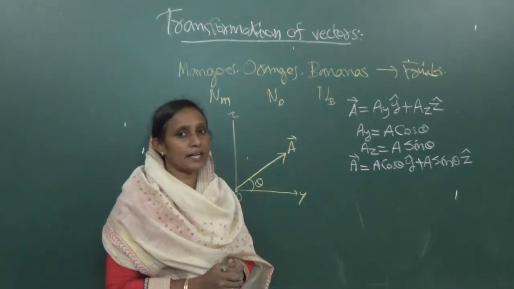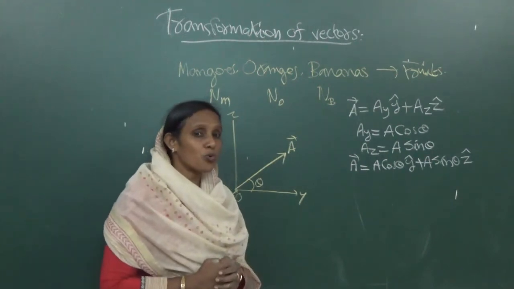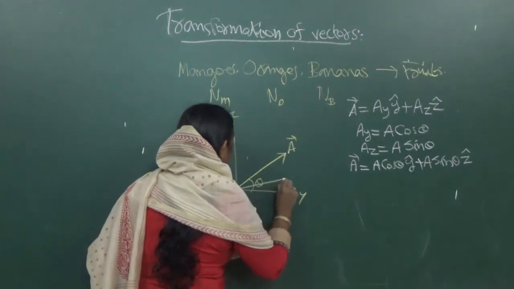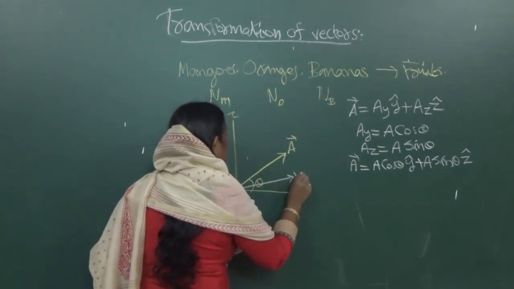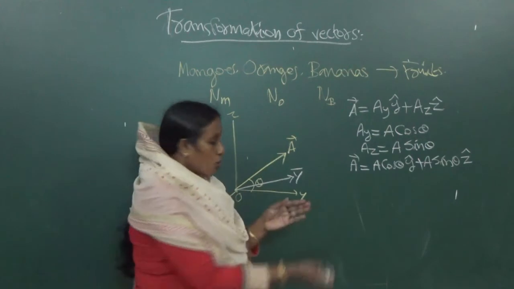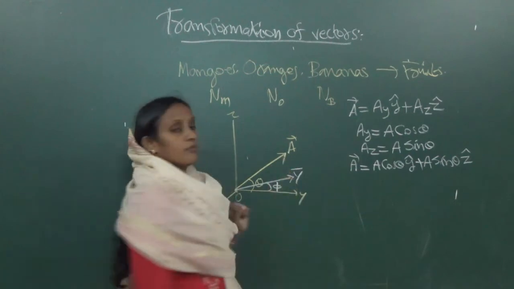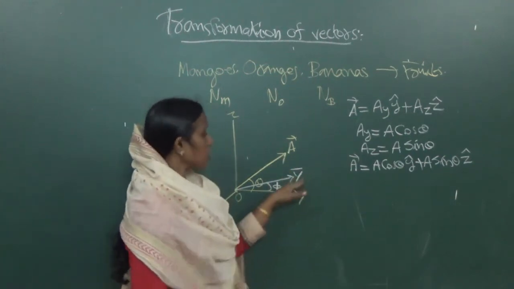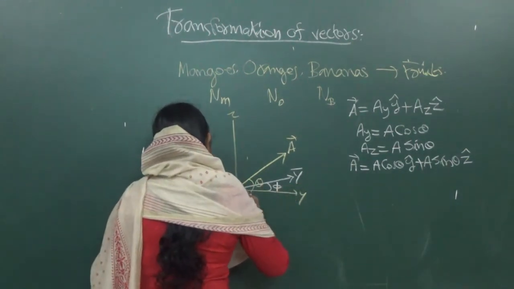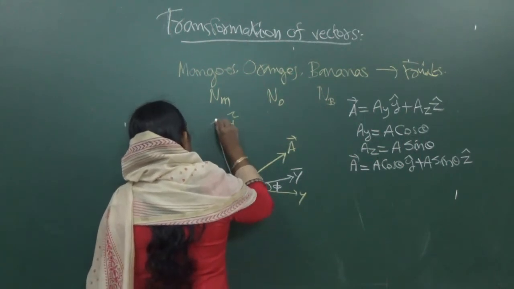I am representing the new coordinate frame with a bar. So after rotation through an angle phi, the y-axis changes to the position y bar and the z-axis changes to the position z bar.